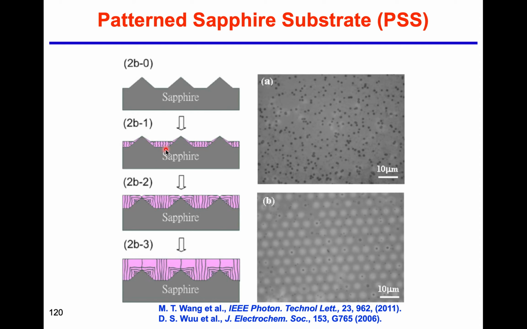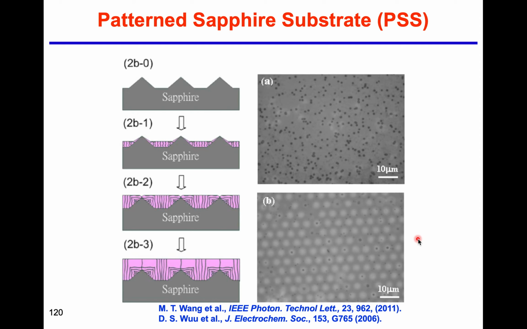Then we have lots of dislocations here, but interestingly, when we continue growth, there are not many dislocations on the top. And the other good thing is that the size is about the micron range, so they look like mirrors, so they can improve the extraction efficiency of the gallium nitride LED.